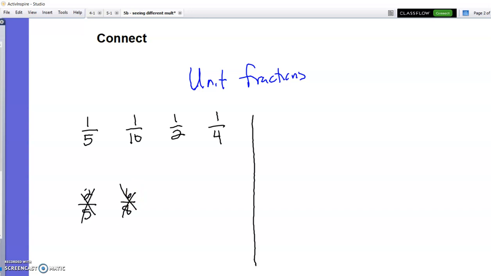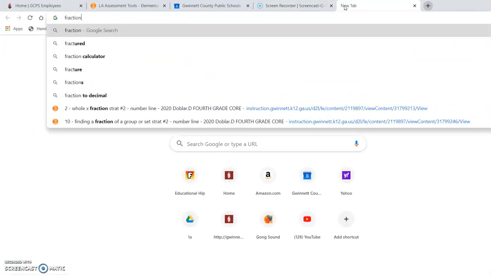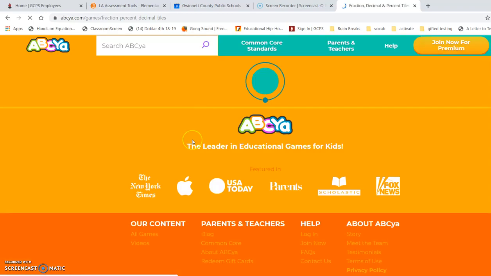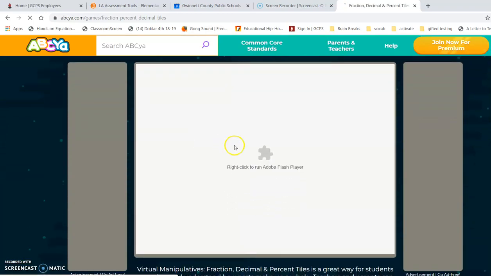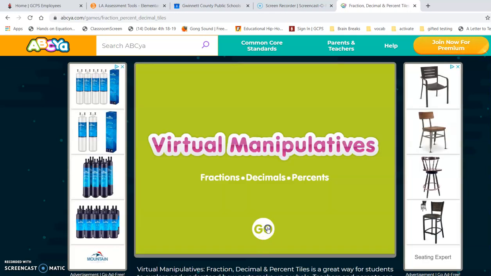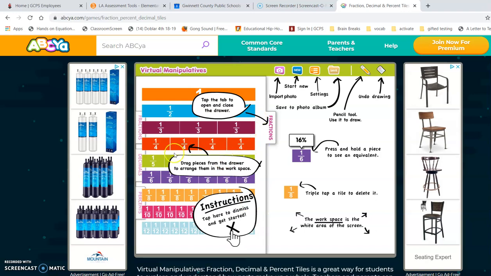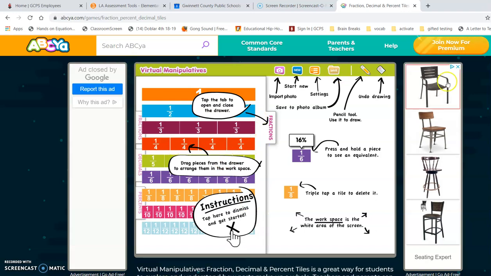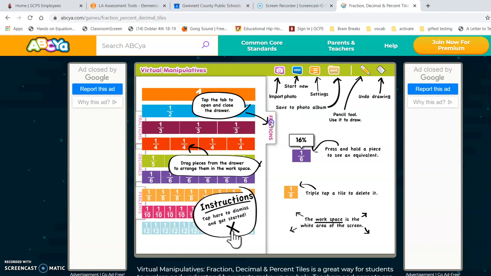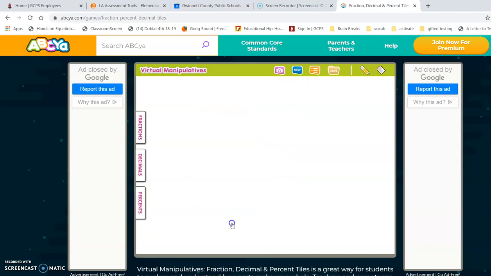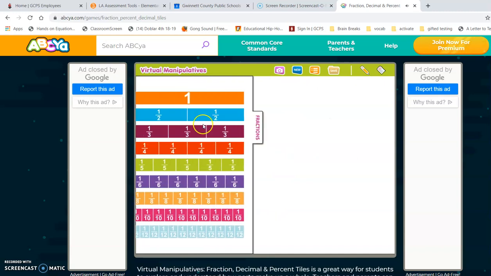The other reason they had those names is when we looked at fraction bars, we kind of saw where the name came from. So we looked at fraction bars like these a lot. And so unit fractions, we called that because when we pulled them out, they were like one of the pieces.